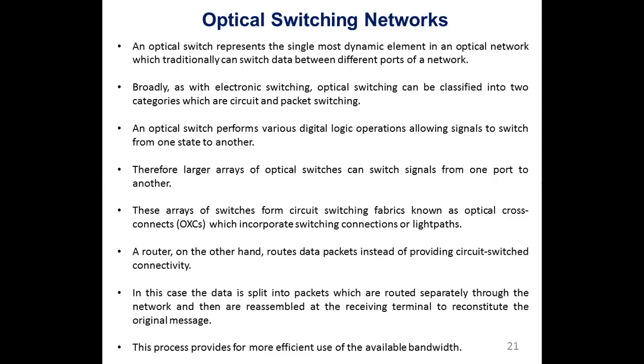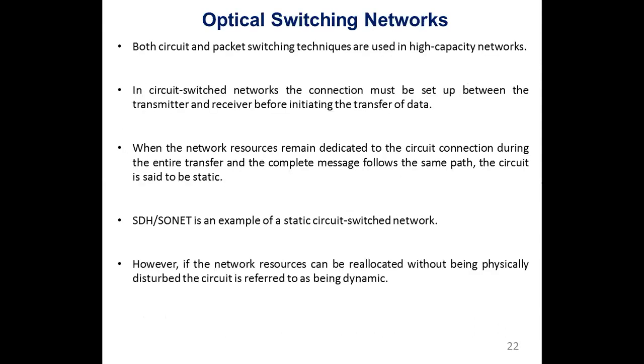The router will route the data packets instead of providing circuit switched connectivity, and the data will be split into packets which are routed separately through the network, and these are reassembled at the receiving terminal to reconstitute the original message. So this kind of a process will provide for more efficient use of the available bandwidth.